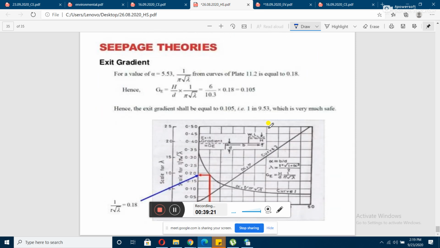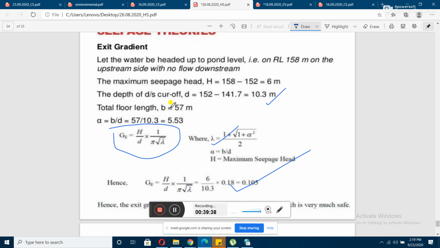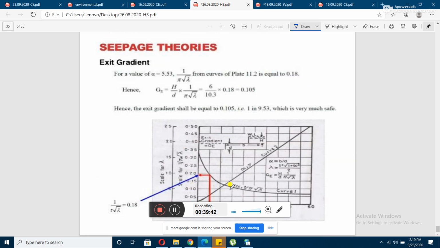Also, you can use the graph for calculation. So how will we be using the curve? As we know, there is another curve like this. For that purpose, we have to determine the value of alpha. Alpha has been determined. You can see that alpha is 5.53. So we have to concentrate on this curve. Why is curve 1 being considered?